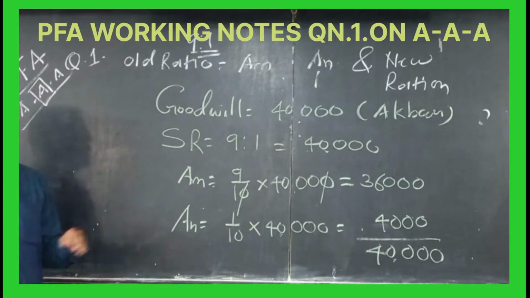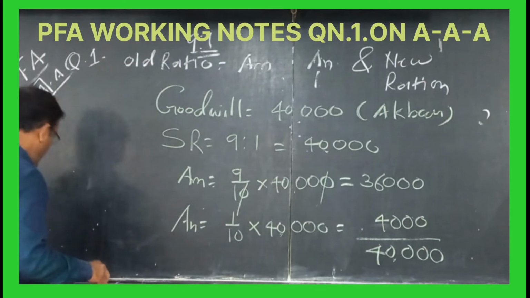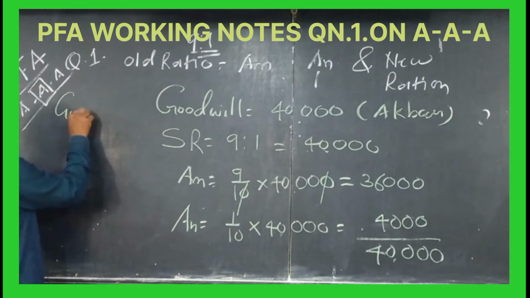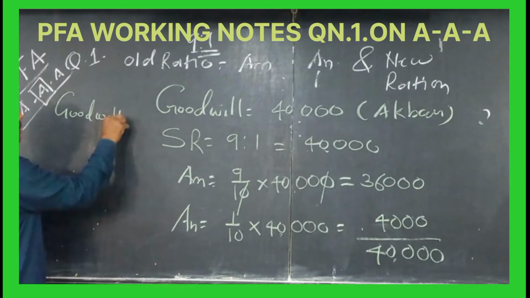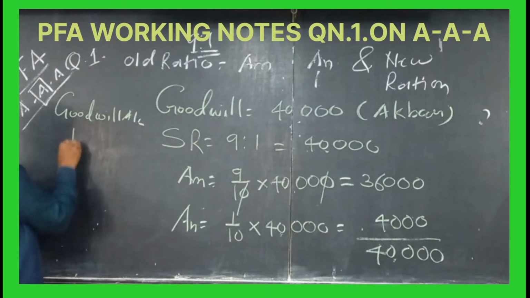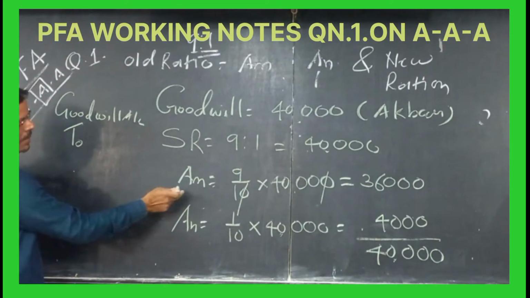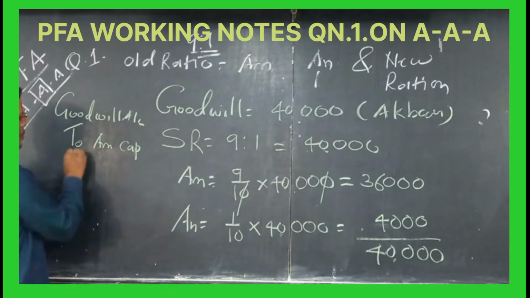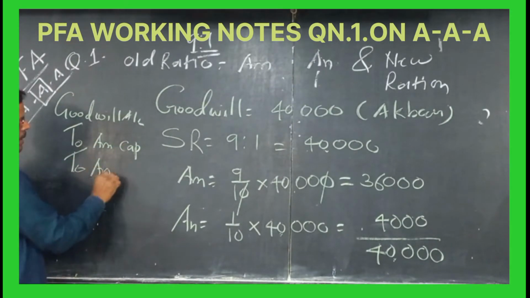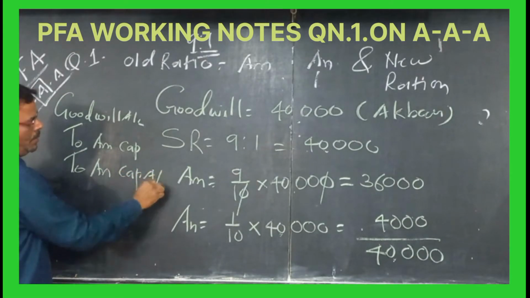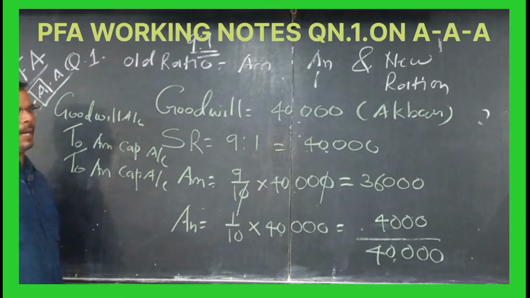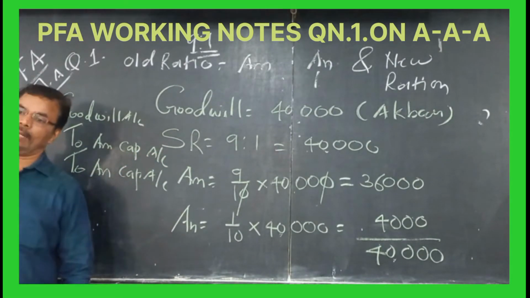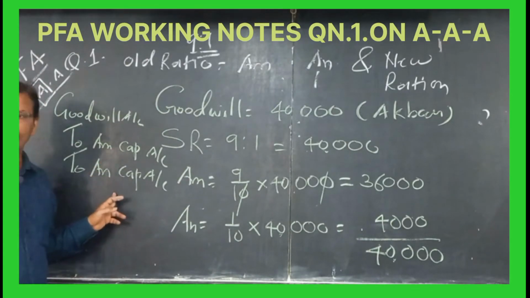So what is the journal entry for that? Goodwill account debit. Journal entry for distribution of goodwill. Goodwill account debit, to Amar capital account, to Anthony capital account. Goodwill brought by Akbar, taken by Amar and Anthony.